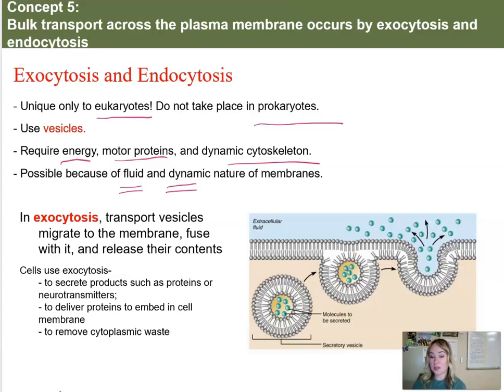Exocytosis happens when a vesicle fuses with the membrane and excretes or secretes the contents out. Cells can also use exocytosis to embed proteins in the cell membrane. When they make a protein, that protein will be inside the vesicle, and when the vesicle is fusing, that protein will be embedded in the membrane. And they also do so to remove cytoplasmic waste.